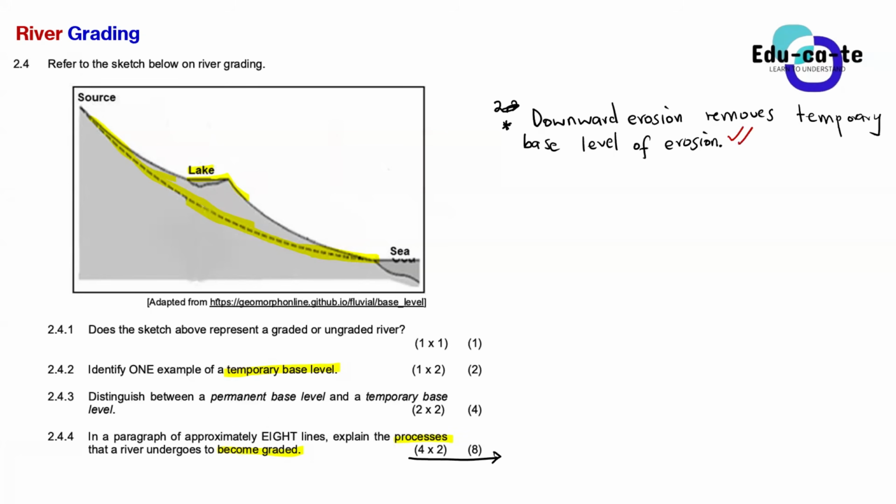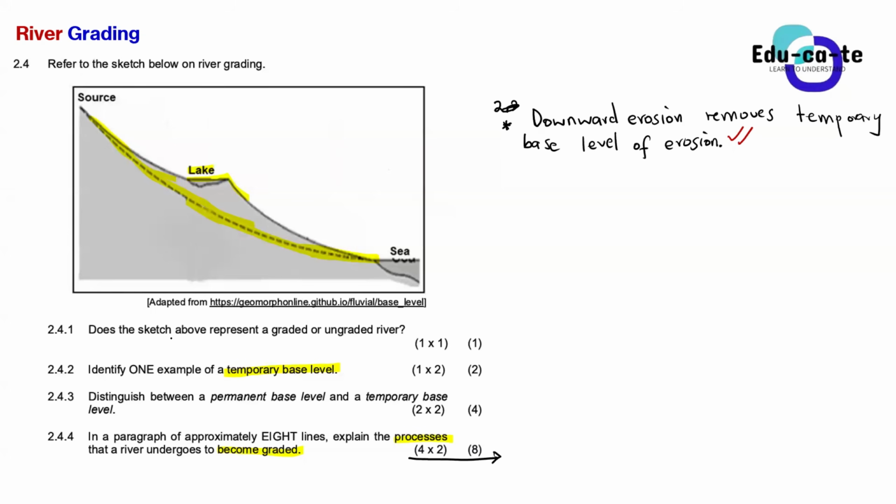What other event can happen for a river to end up becoming a smooth concave? What other fluvial process, or flowing process, does a river undergo so that it ends up becoming graded?